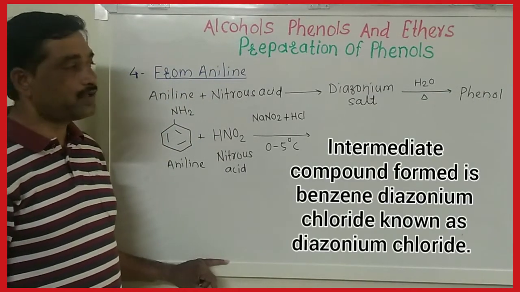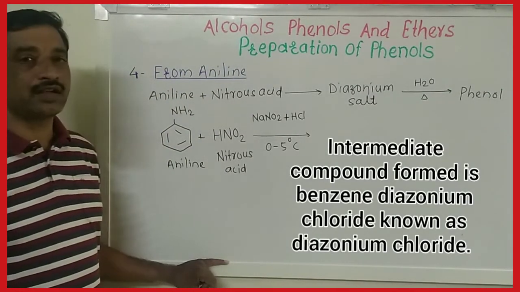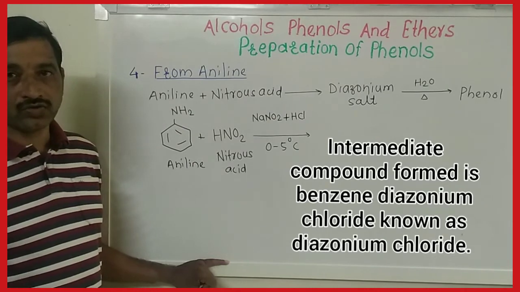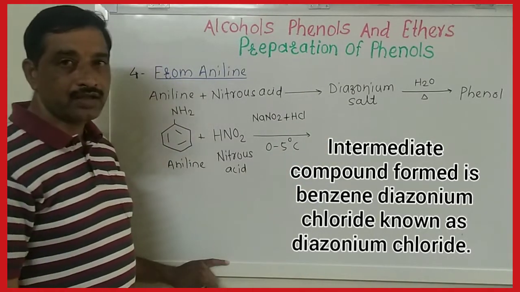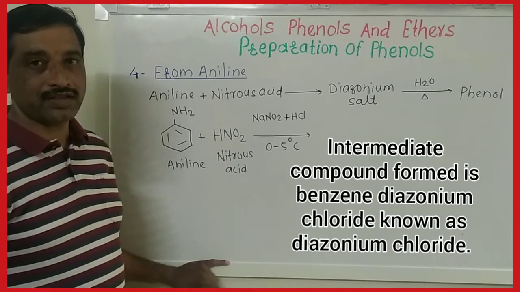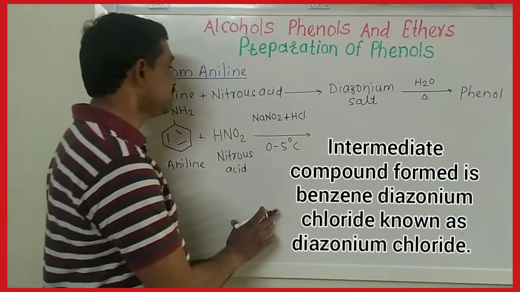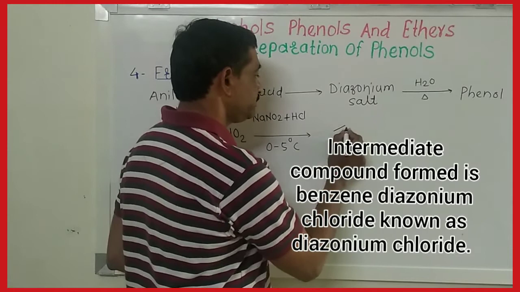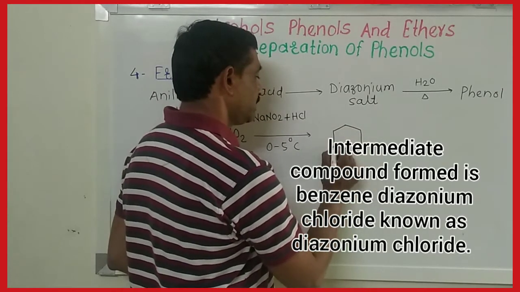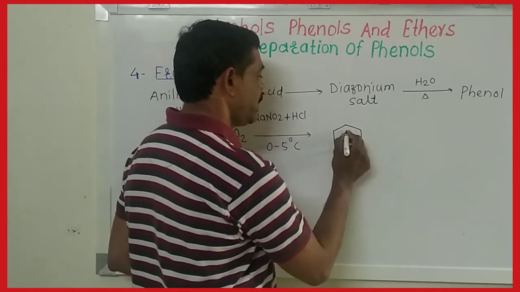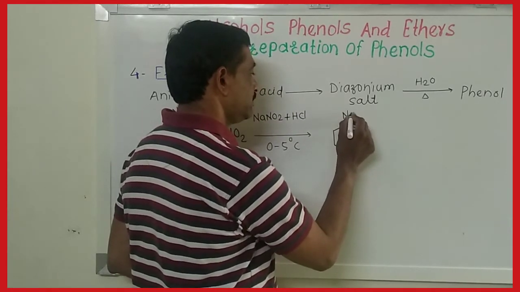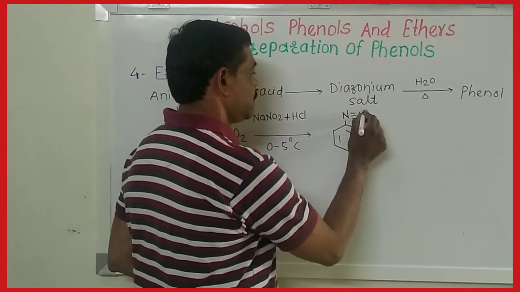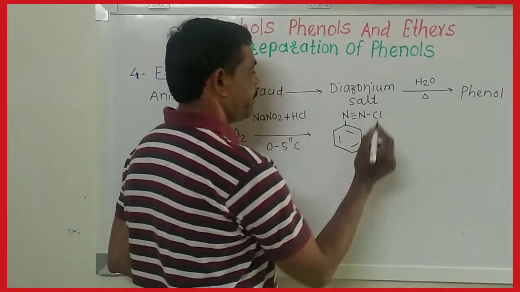Diazonium salt, why is it known as diazonium salt? Because di means 2, azo means nitrogen atom, and salt means it has the two charges, positive and negative charges. So we get here the intermediate compound, which is known as benzene diazonium chloride.